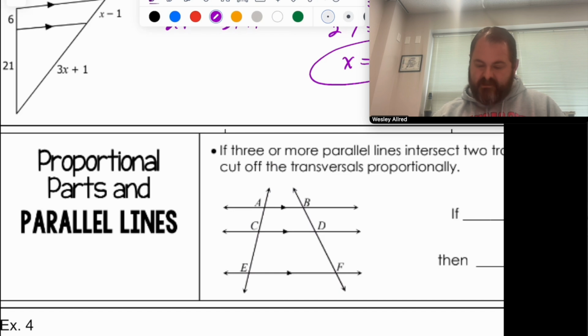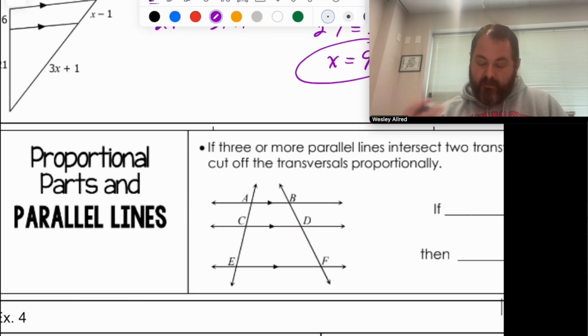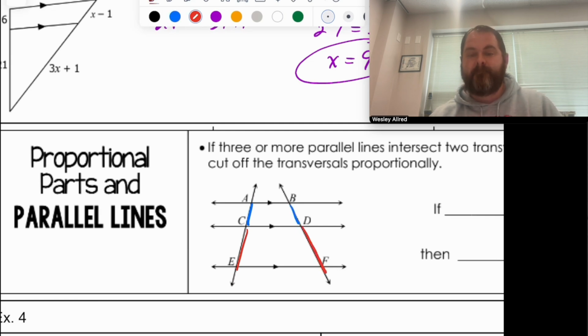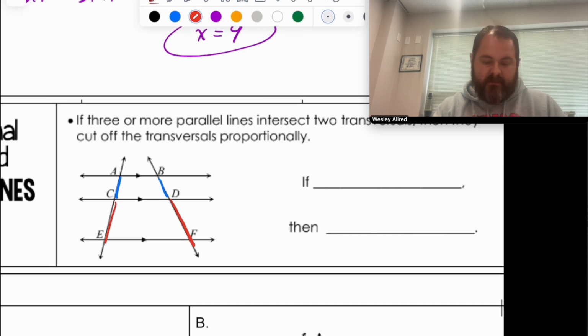Because these parallel lines would create proportional segments in a triangle, it also creates proportional segments here: here to here would be the same ratio as here to there. So I can set up that statement like this.